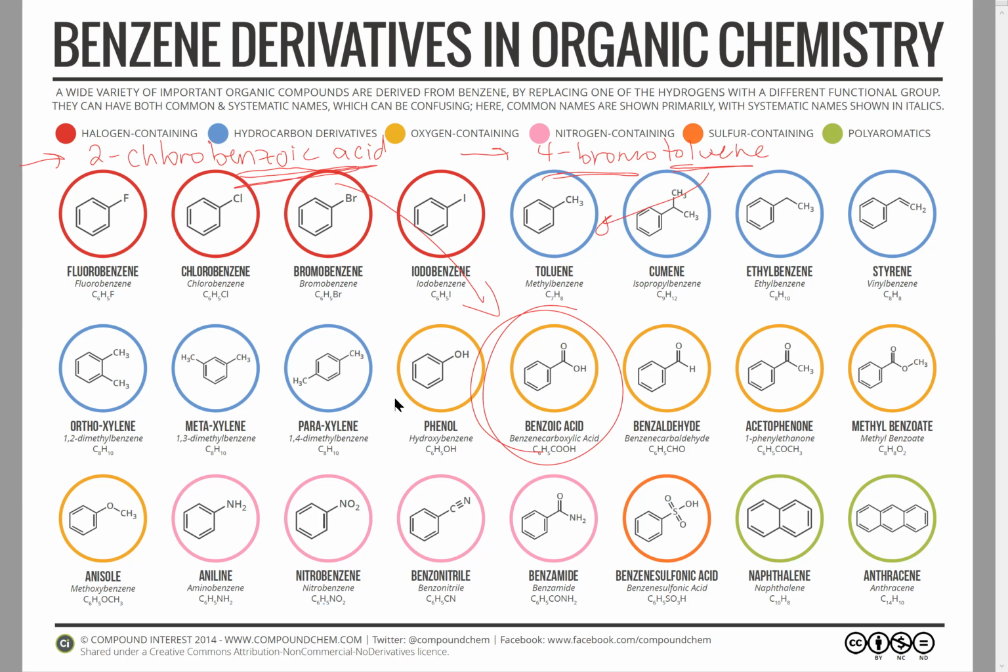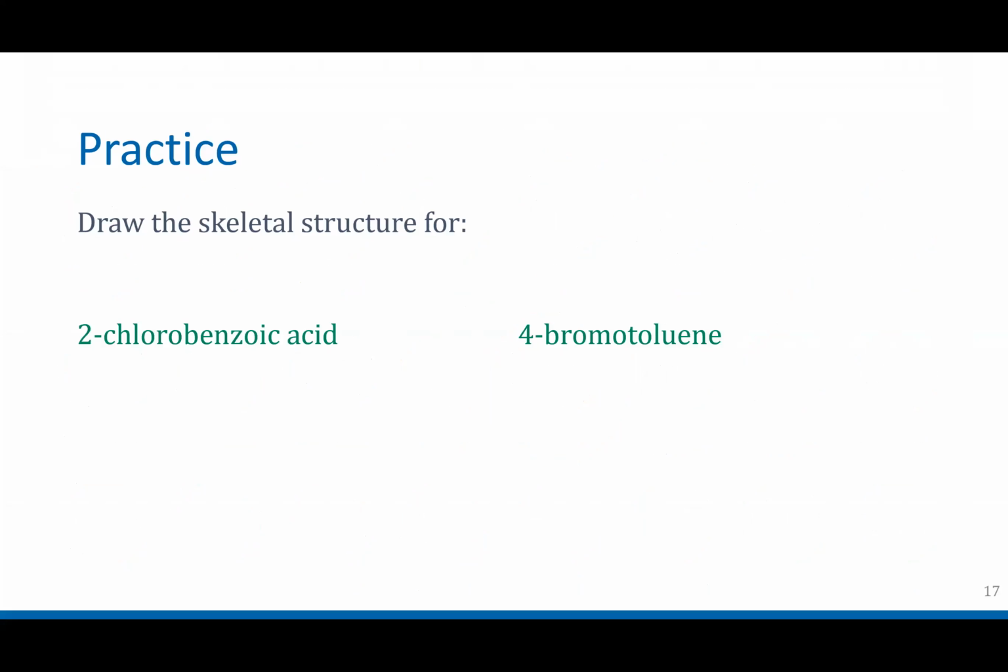So let's go back to my notes. Okay, so I'm going to draw first benzoic acid. So 1, 2, 3, 4, 5, 6. There's my benzene ring. Benzoic acid looks like this.